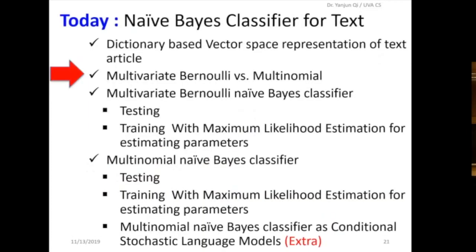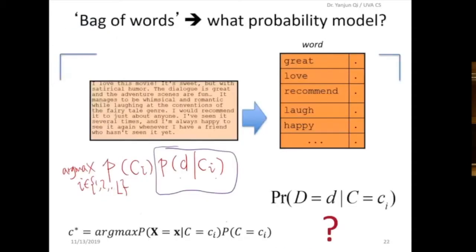So there are two different probabilistic models. One is called multivariate Bernoulli and the other is called multinomial. What do I mean by multivariate Bernoulli? The equation on the bottom is the one we need to use in the generative Bayes classifier.